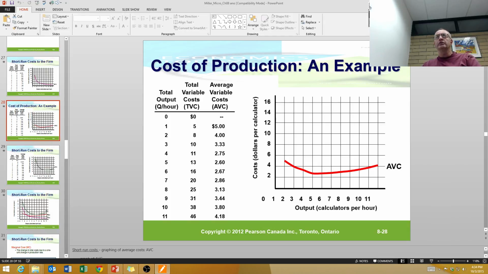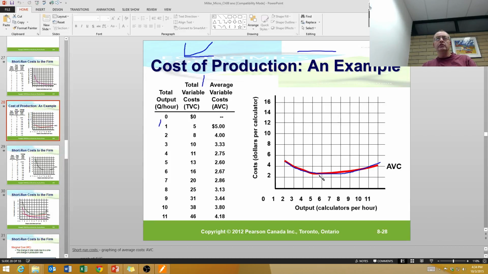Okay, so this is variable costs. We saw in our original chart of variable costs a curve that sloped up like this. When we calculate average variable cost, which is simply total variable cost divided by total units of output, the average variable cost line is U-shaped.